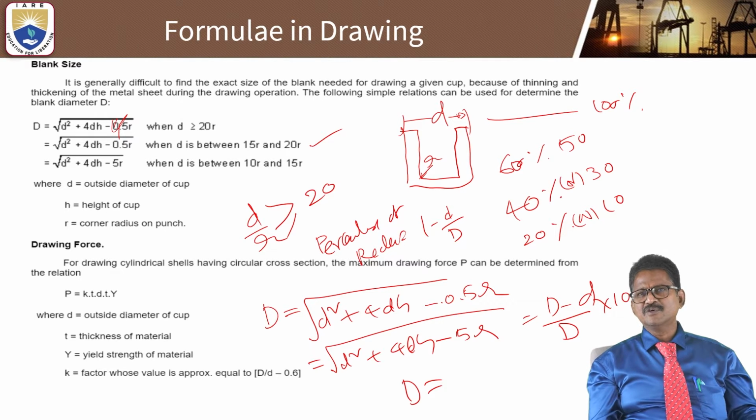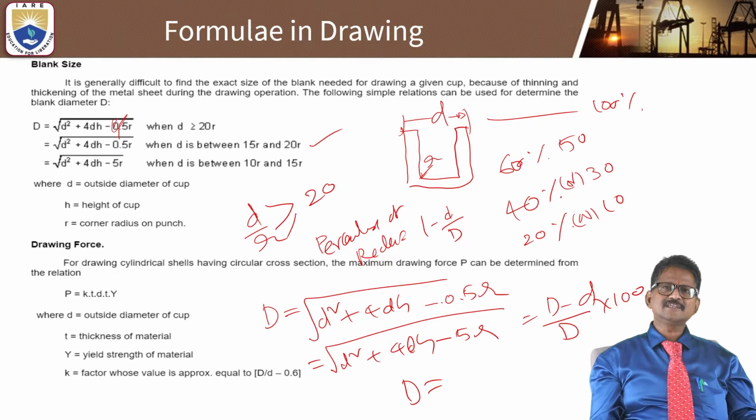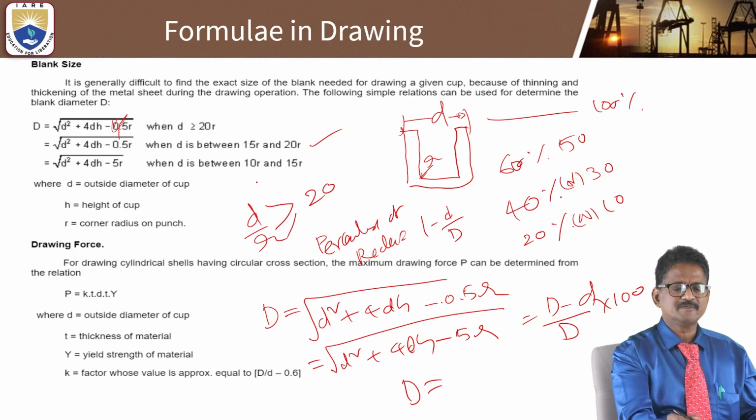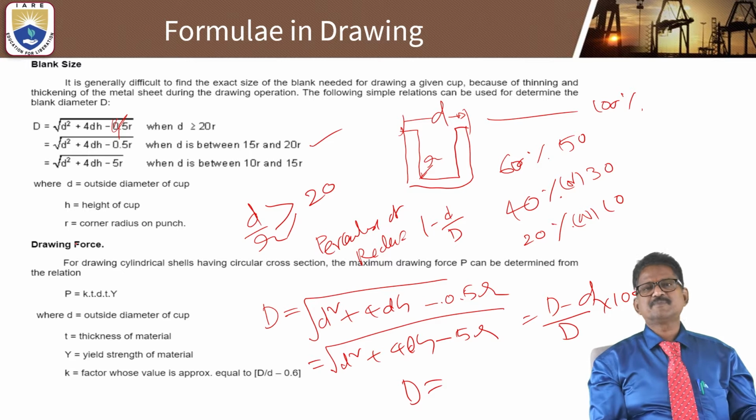Okay, suppose when you calculate initially, in the problem they may give the height of the cup, outside diameter of the cup, corner radius of the punch will be given. So first you need to calculate d by r ratio.